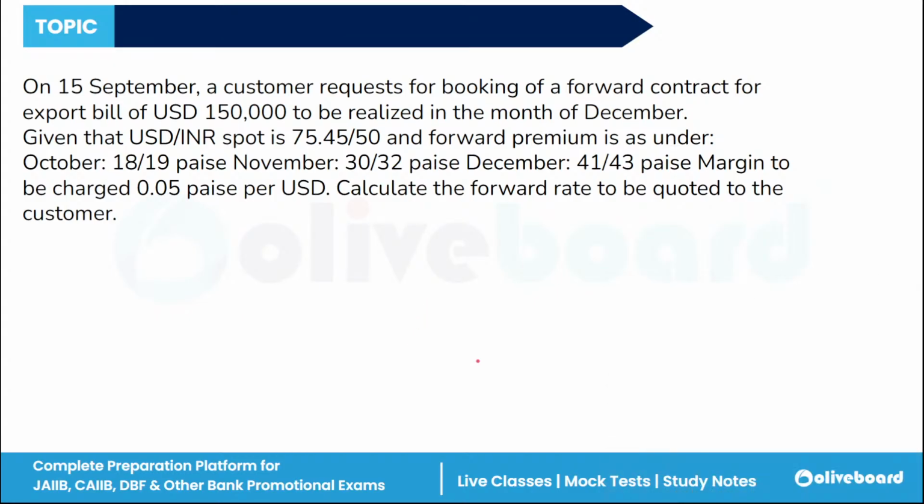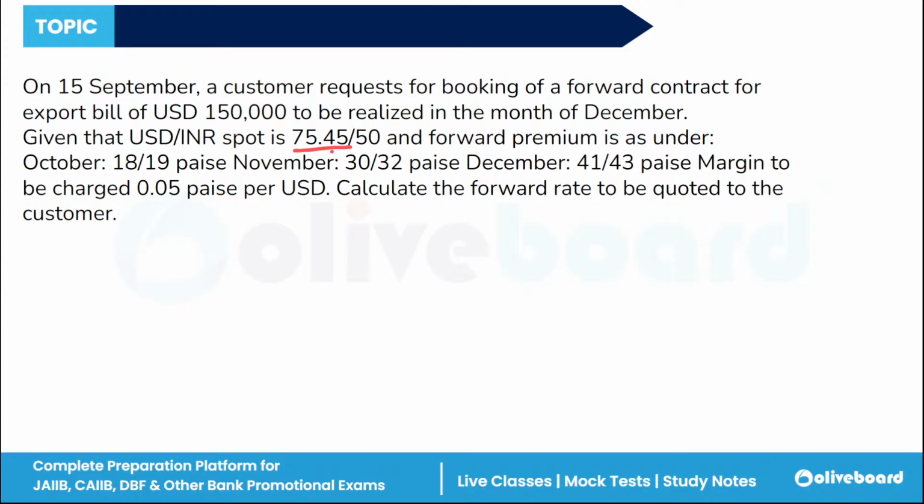Okay, for calculating the forward rate, what we can do here, simply, see, we need to take forward premium. Okay, and spot rate is 75.45.